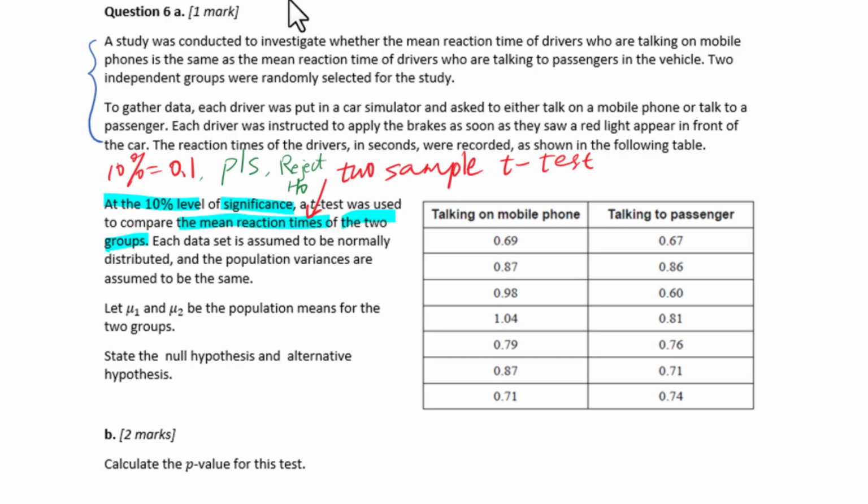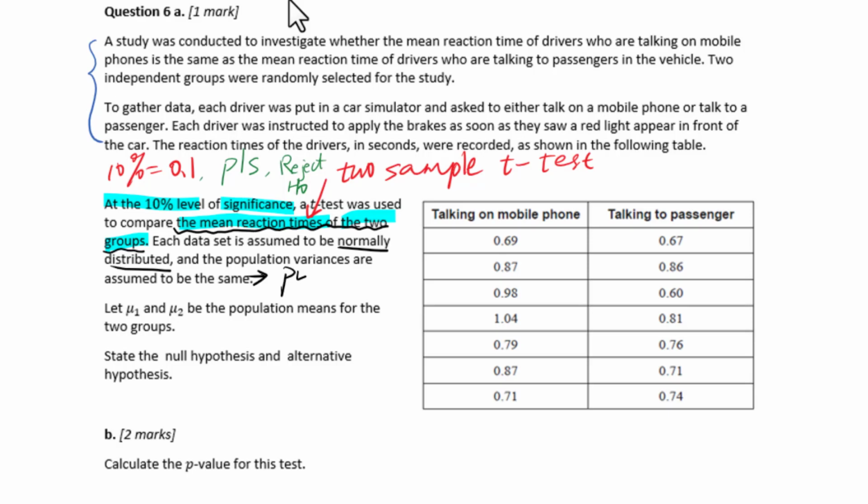So we want to conduct this two-sample t-test to check whether the mean reaction times of the two groups are equal. Each data set is assumed to be normally distributed, and population variances are assumed to be the same.